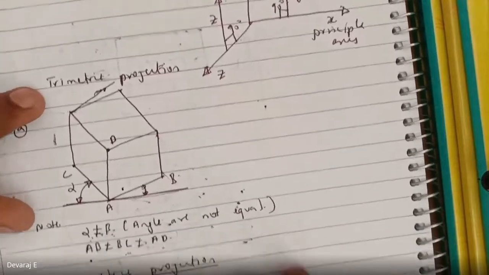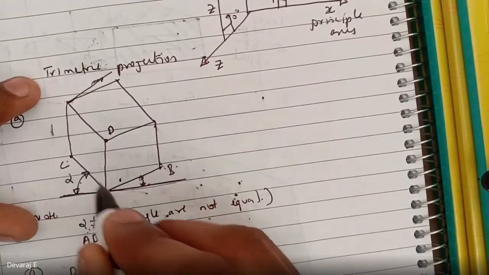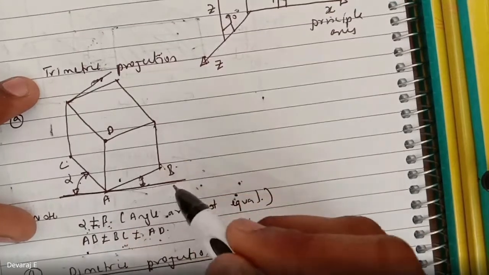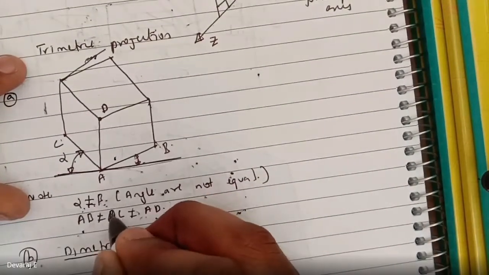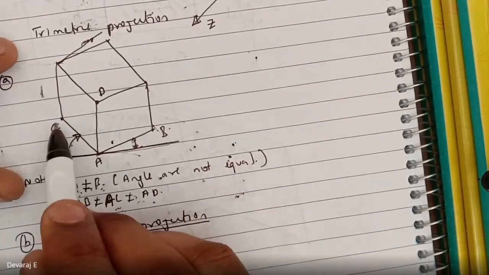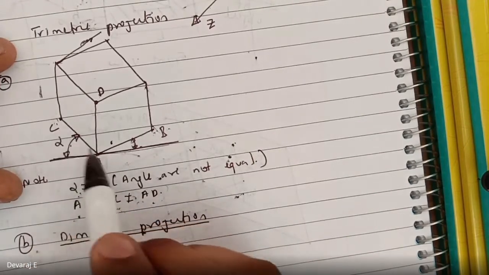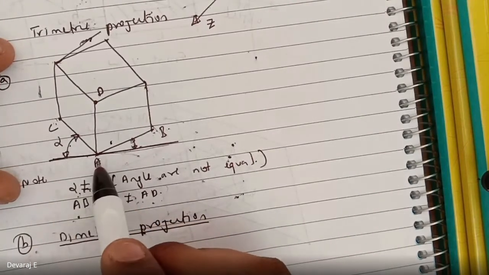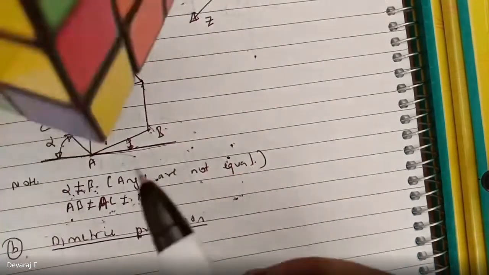Trimetric projection. Alpha is not equal to beta, AB is not equal to AC, and AC is not equal to AD. Sorry, this is not A, this is AC, so be careful. AB is not equal to AC and AD. So all the dimensions will be changing. But in the actual cube, all the dimensions will be the same, right?